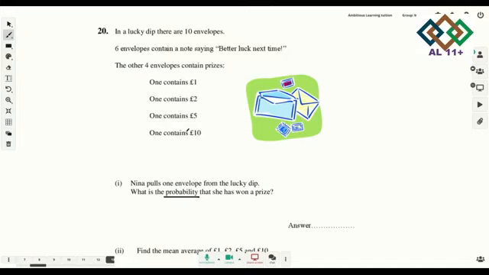So you know that there are 4 envelopes and the maximum amount is 10. So we will put 4 by 10. Try to simplify that and you will get the answer 2 by 5, or you could say 0.4. So let's move on to the next one.